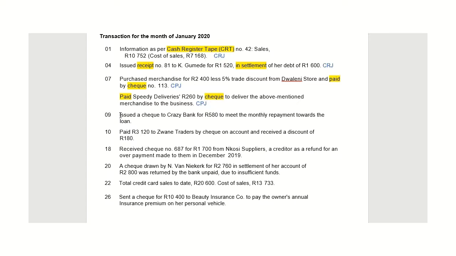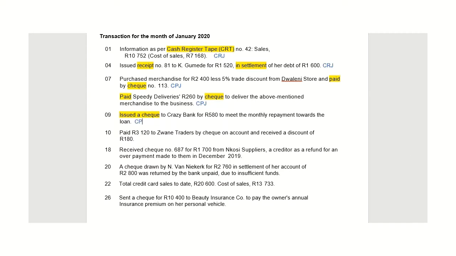Issue a check. Issue is the same as pay. If we issue or pay, it means it's CPJ, as a monthly prepayment towards the loan. So issue a check, again CPJ.